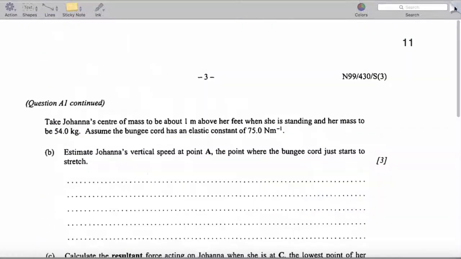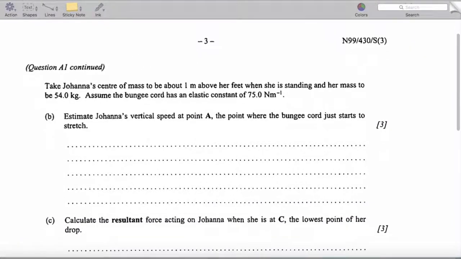All right. Now, it says here, estimate Joanna's vertical speed at point A, the point where the bungee cord just starts to stretch. So let's be clear. We've got E at the platform, the total E at the platform, equals E at the beginning to stretch. I can't think of a better way to say it. So what does that mean?